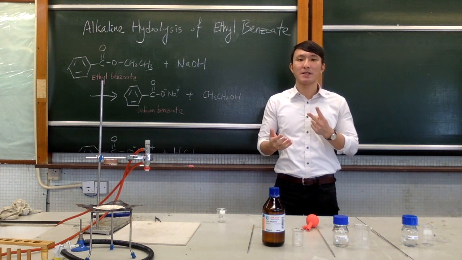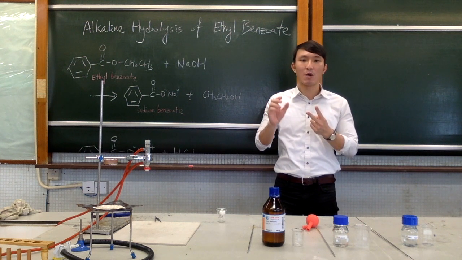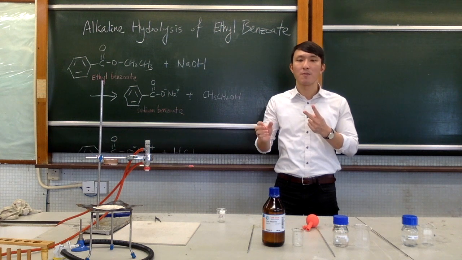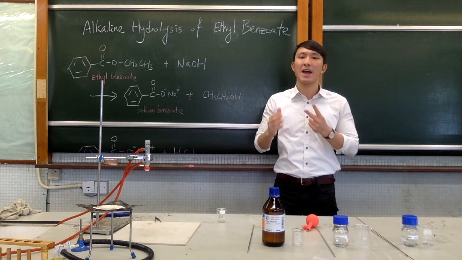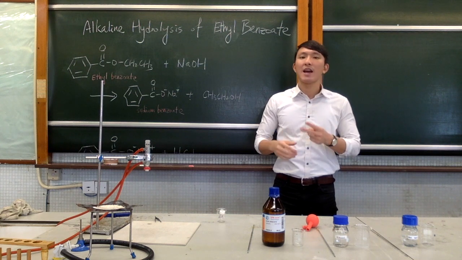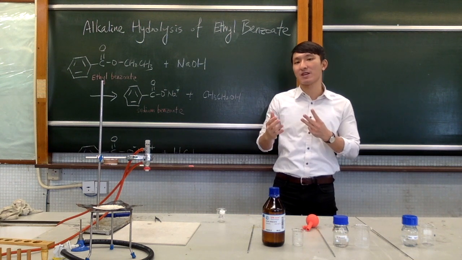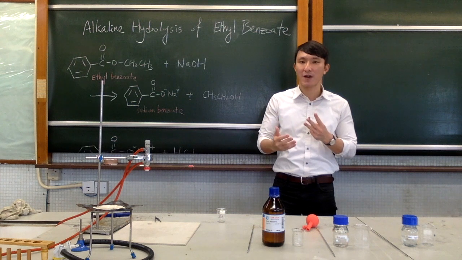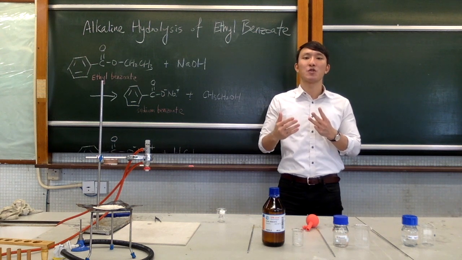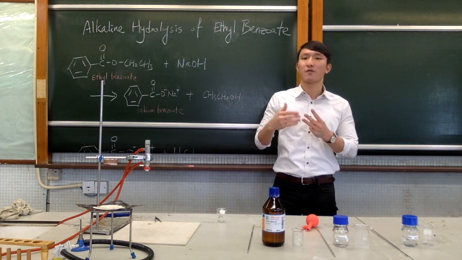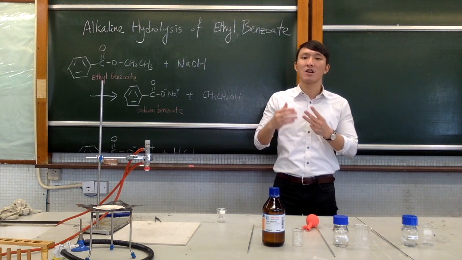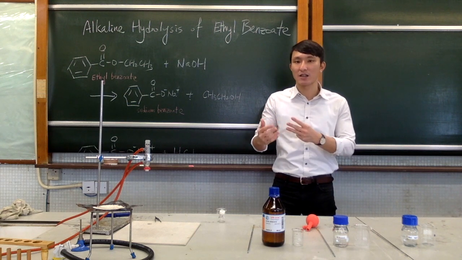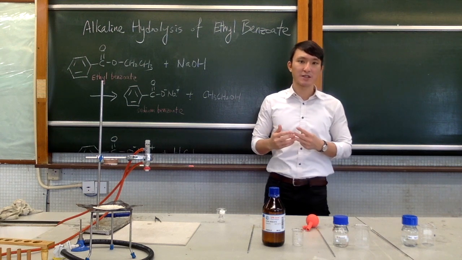Now, separation means we want to separate our target product from the unreacted reagent, from the solvent, from any byproduct. And lastly, with the separated product, we try to purify it, basically to further remove any, for example, residual water, for example, any other reagent that may have stuck together with target product.